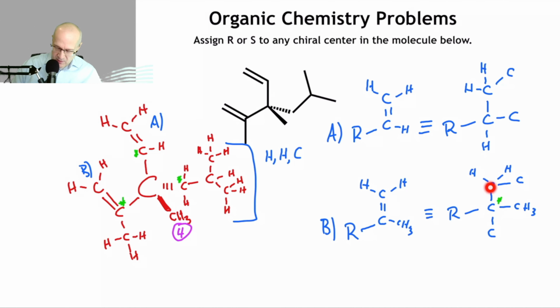From here, we can jump out to carbon, carbon, carbon. So this is 3 carbons all the way around. This is looking good for being priority group 1. But don't just jump to conclusions. Now here, we have to examine here. We're sitting on this carbon. 1, 2, 3. So carbon, carbon, hydrogen.